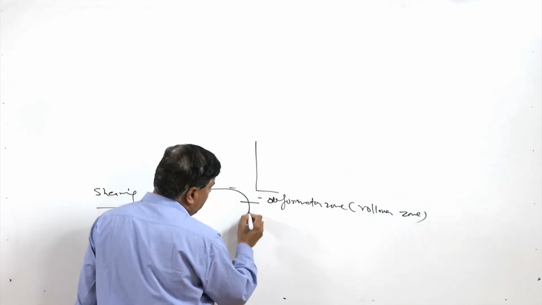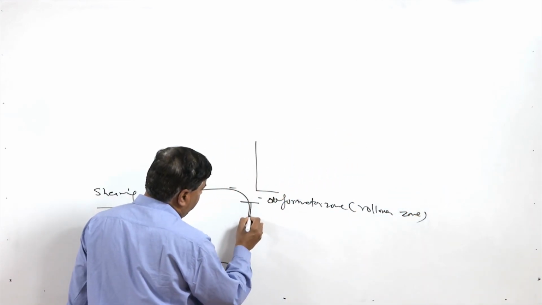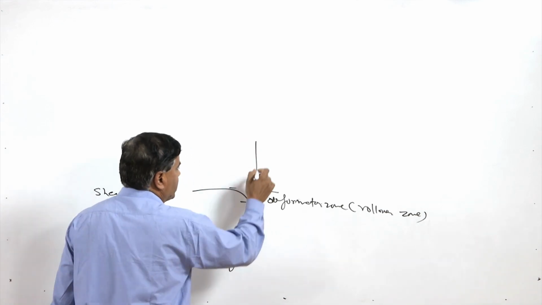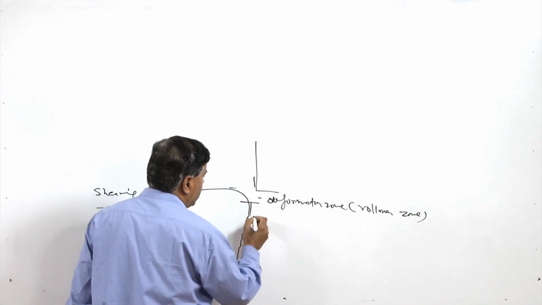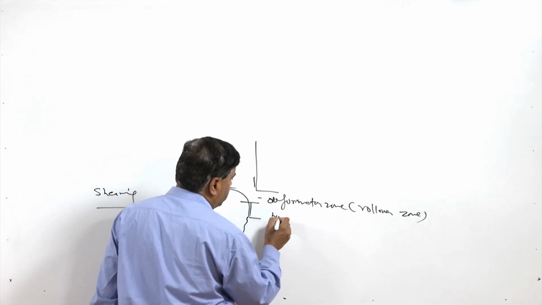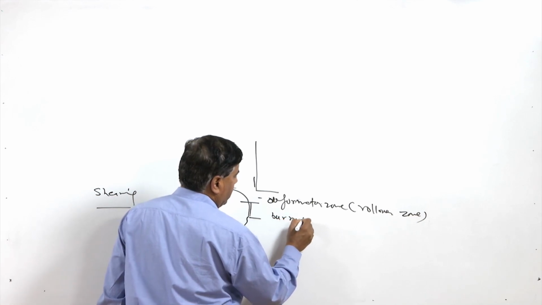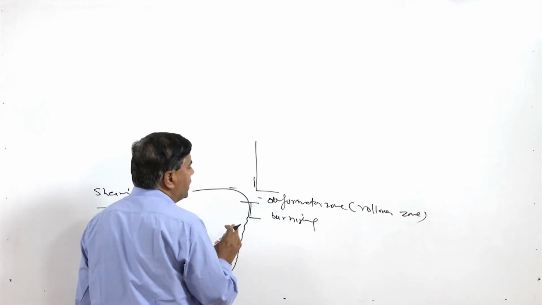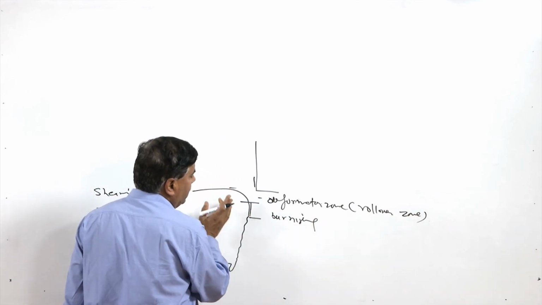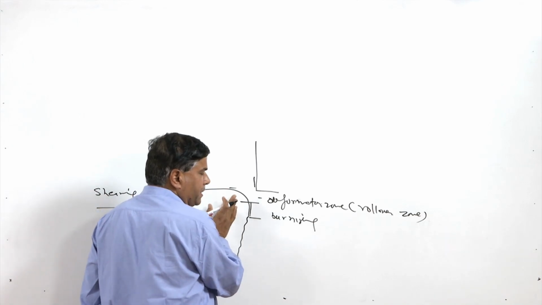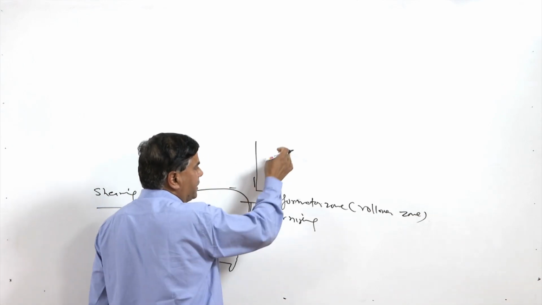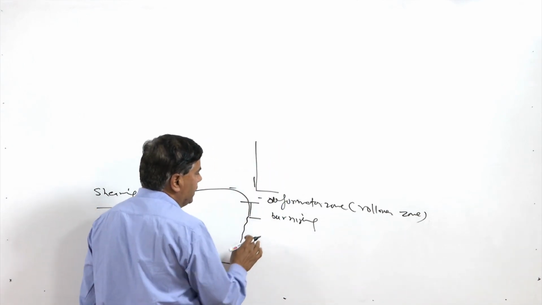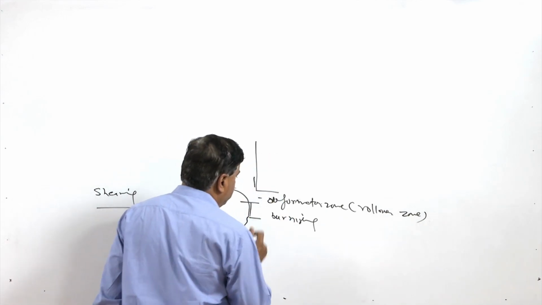Then the other portion, which rubs with the surface of the punch, is called the burnishing zone. The burnishing zone is formed by the rubbing of the sheet metal which has been penetrated by the punch in the course of its movement.